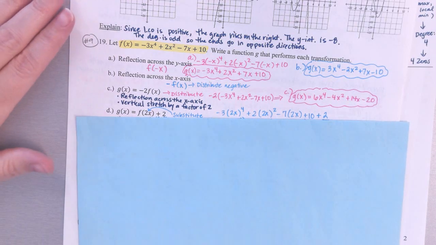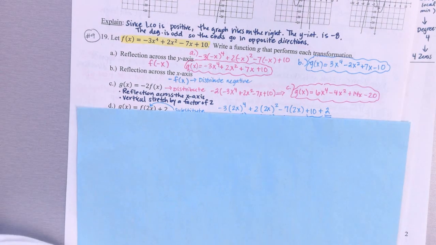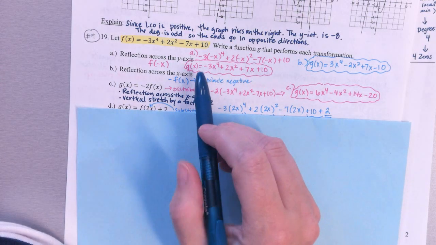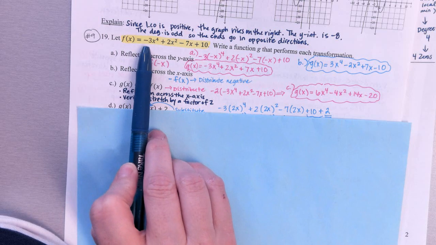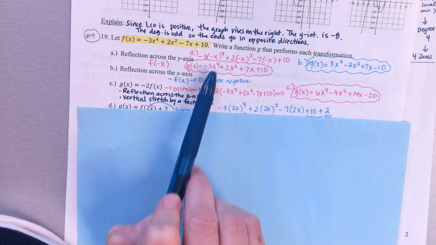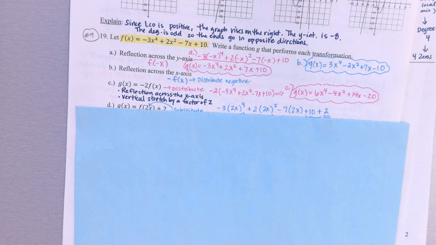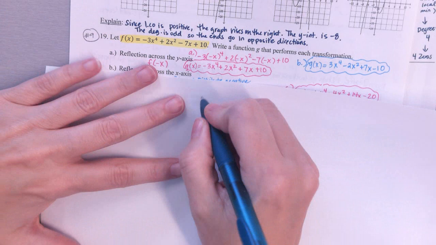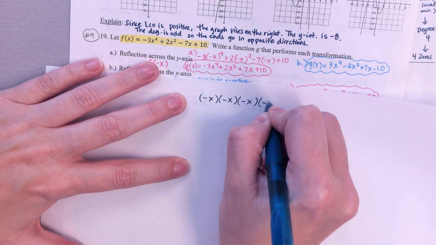Okay, so for A, why wouldn't it be just like 3 to the 4? Because it's a negative 3 here. When you do negative x to the fourth power, what that means is you are multiplying that negative x 4 times. So it's negative x, negative x, negative x, negative x.